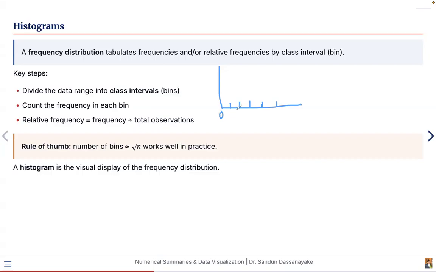If this is 150 and this is 160, for example, how many values were there between those? You draw one bar for that, and then for the next interval you draw another bar. So you have that frequency, the number of times the value was observed, and you draw that.